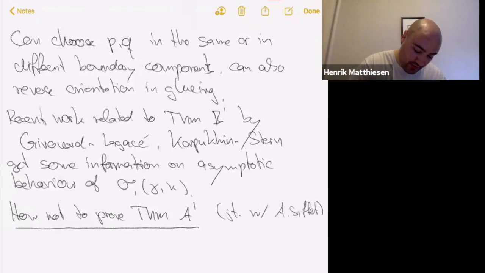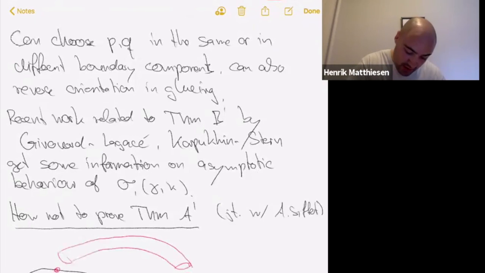I could try the following thing. I could start with the surface sigma, and then start changing the topology as follows. I take points, let's call them x0 and x1, and then I attach this thing here.